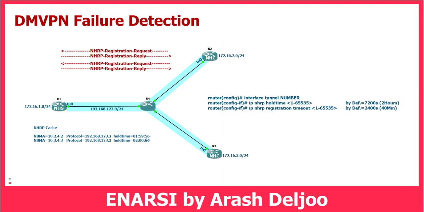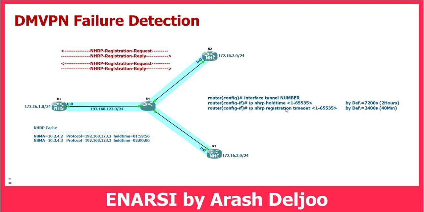Actually, if this time reaches 0, this entry should be removed from the NHRP cache. But you know that we have one mechanism for saving these entries when router 2 and router 3 are available. This mechanism is sending the NHRP registration request again. Sometimes we call this the timeout.